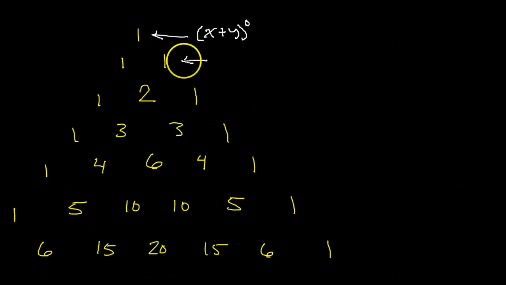The second row, I'm sorry, I skipped a degree. Raised it to the first power. That makes sense because if I did x plus y to the first power, that wouldn't really change anything. So it would just be x plus y, 1 and 1.